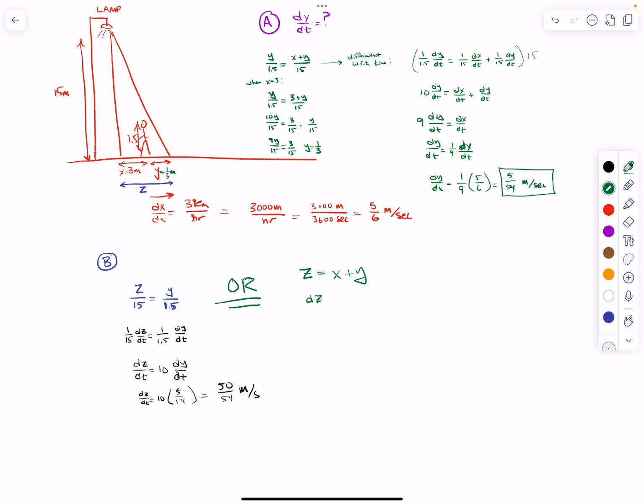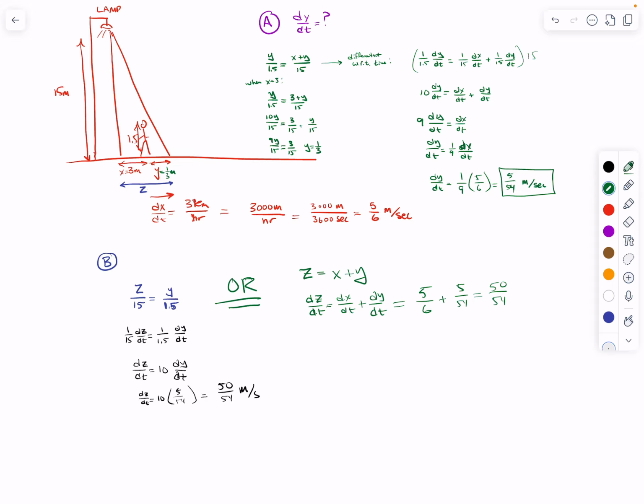So dz over dt is just going to be the sum, dx over dt plus dy over dt. Just so you know, you could do it this way. So that's 5/6 of a meter per second plus 5/54 of a meter per second, which presumably will be the same, 50/54.